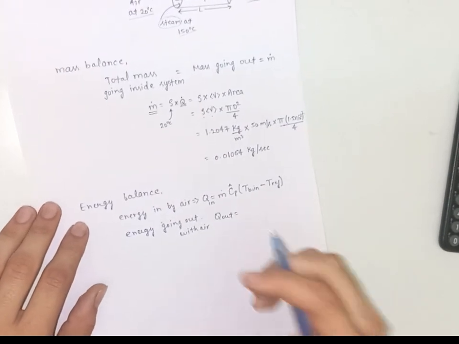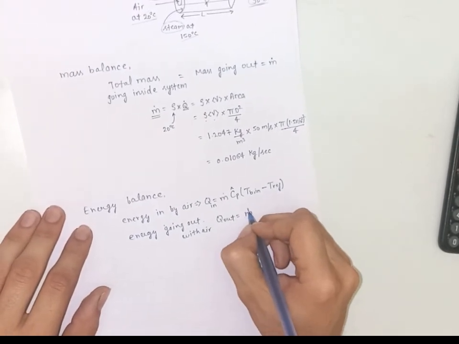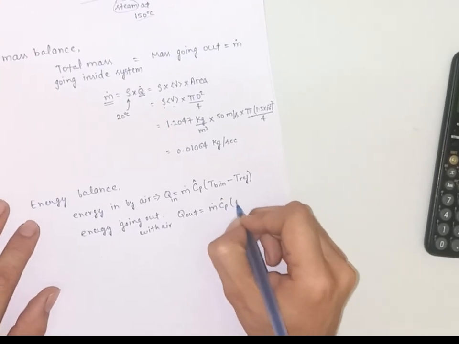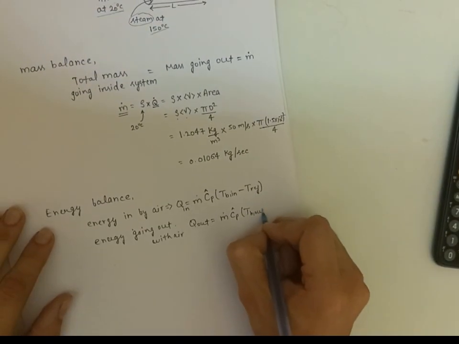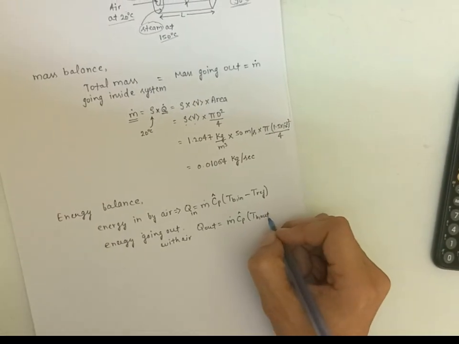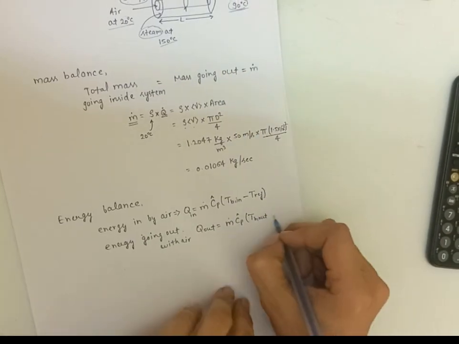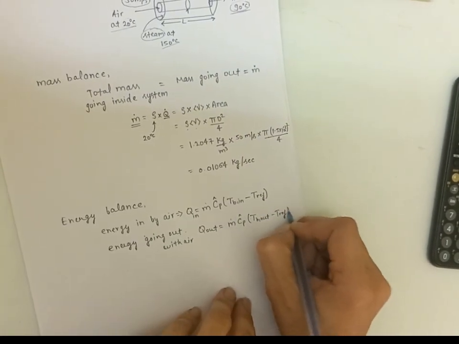So how much will it rise? We write the mass flow rate times Cp, the heat capacity, times the out temperature, which is 90 degrees Celsius, minus again T reference.